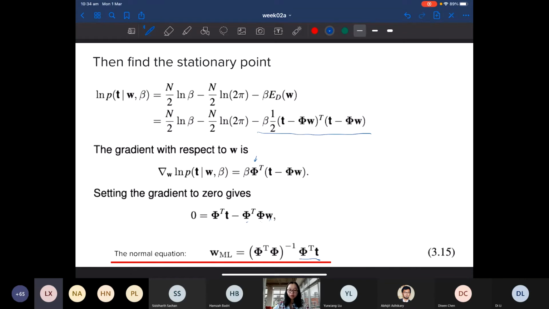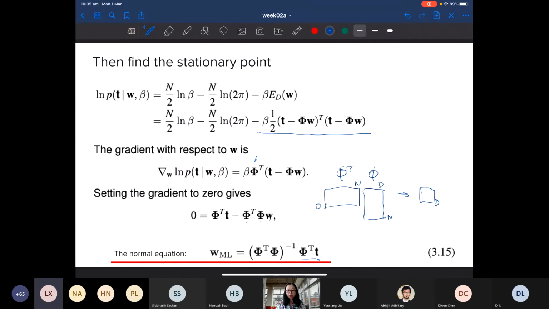Phi transpose is, let's say, a D by M matrix, and phi is an M by D matrix, and this product is a D by D matrix.